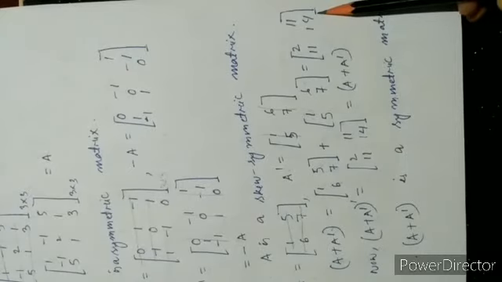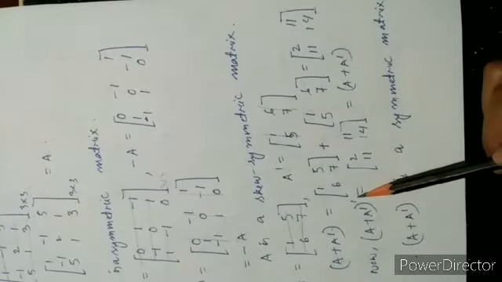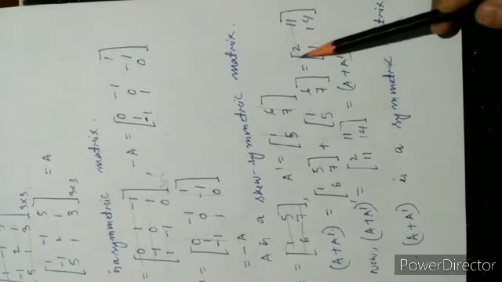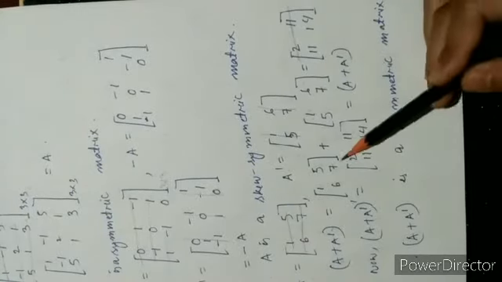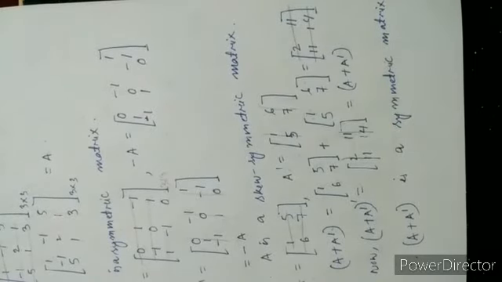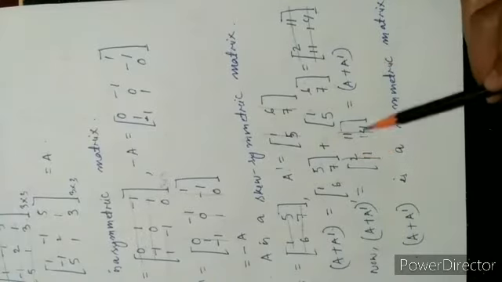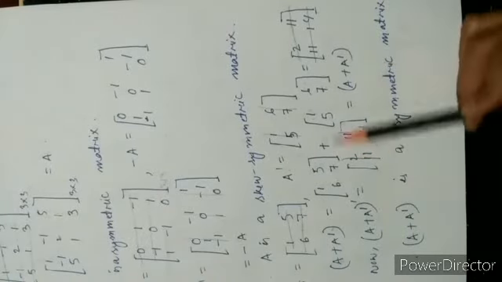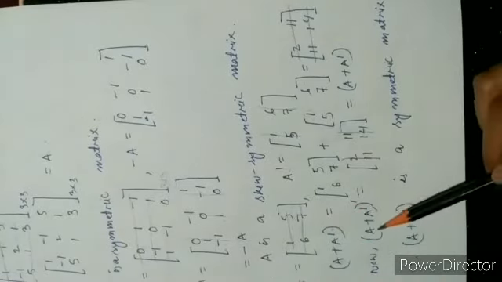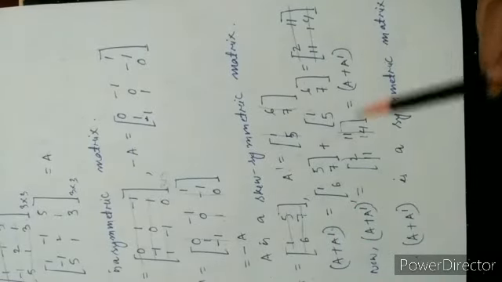Now find the transpose of A plus A dash. Write the first row as the first column and the second row as the second column. The elements of A plus A dash and A plus A dash transpose are equal.